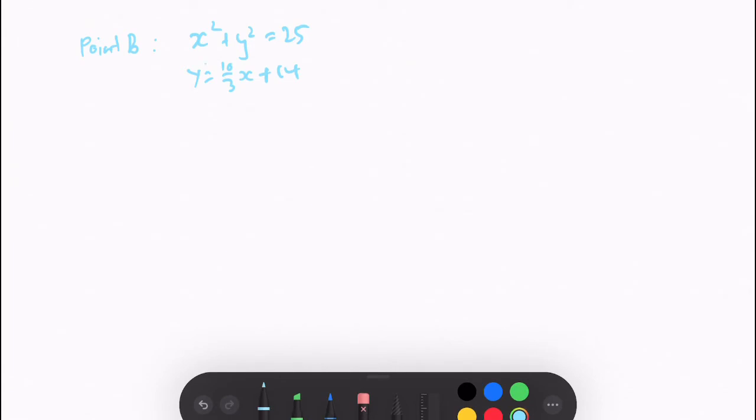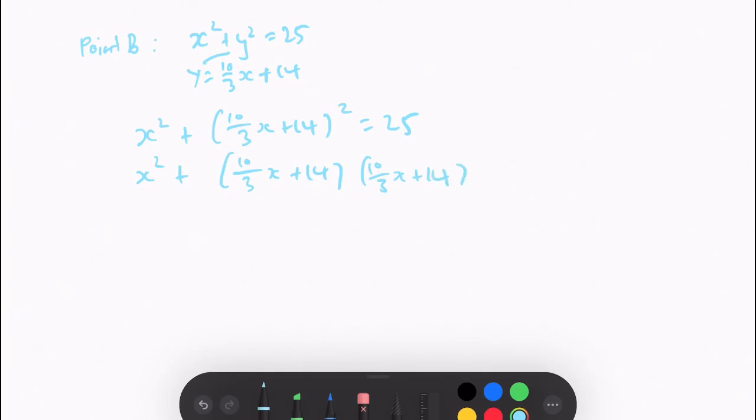I'm going to feed y into y squared, so we get x squared plus (10 over 3 x plus 14) squared equals 25. I'm going to split the brackets and then expand the brackets.